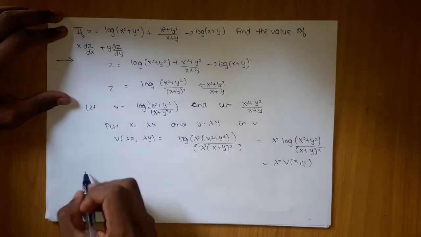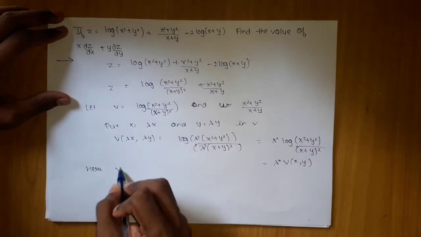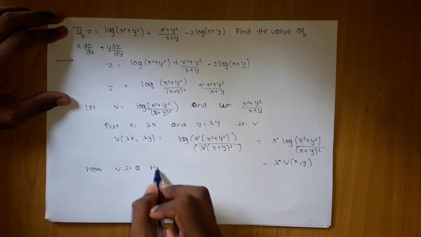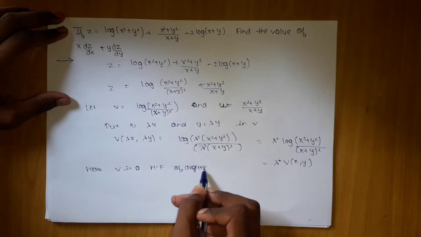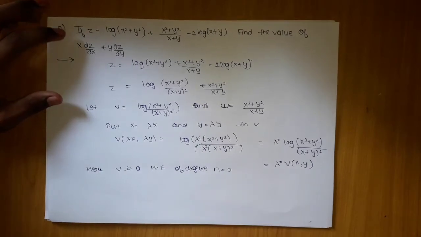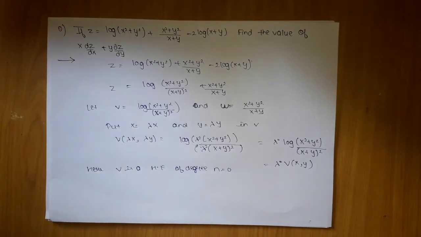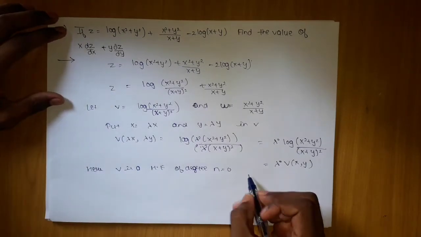Now we will say here v is a homogeneous function of degree n equals 0. You have to mention the degree also.